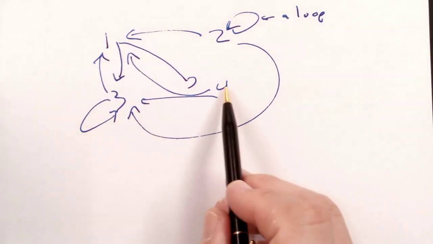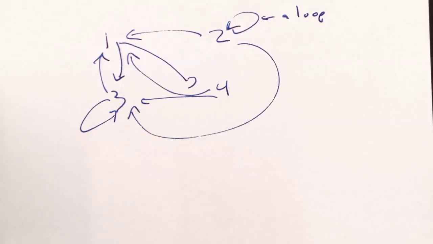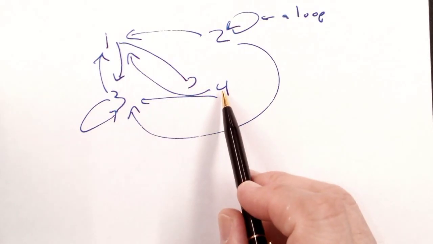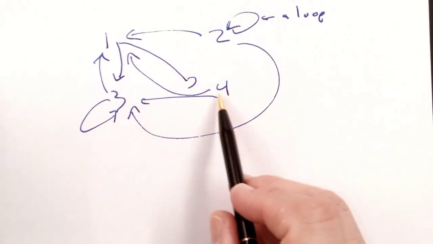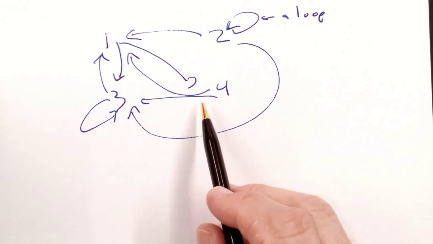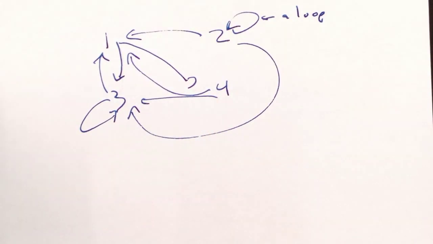If I go from 1 to 4 and 4 to 3, I can go directly from 1 to 3. I can go from 3 to 1. I can go from 1 to 4. Can I go from 3 to 4? It's not transitive. I found a triangle that's not oriented with the arrows going in the right direction. So it's easier to check transitivity from a diagram, in my opinion.